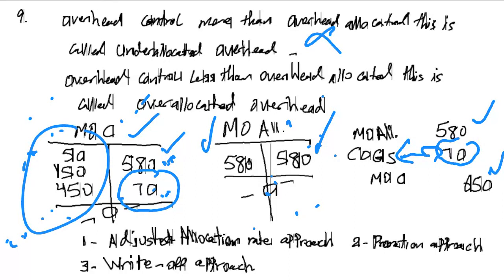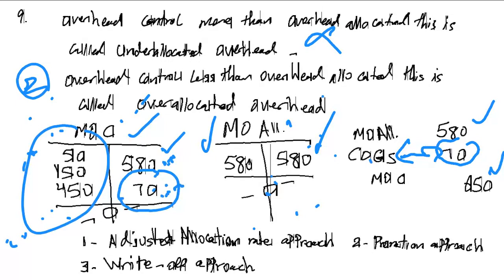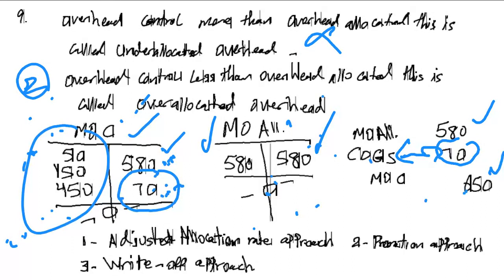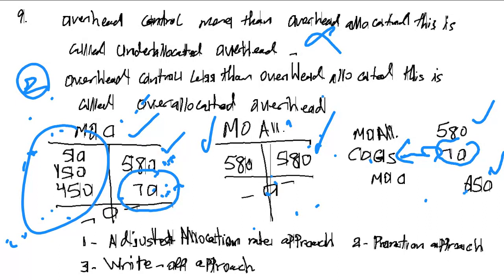So let's say if this was case number two, this case right here, then my manufacturing overhead actual could be less than this side. If that is the case, then cost of goods sold has to be credited and manufacturing overhead control should be debited. So that's for case number two.